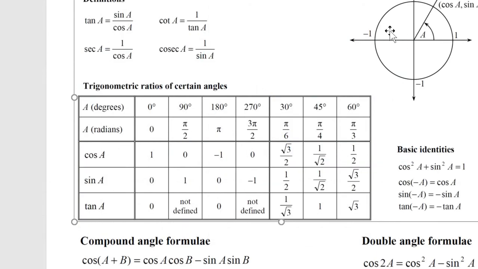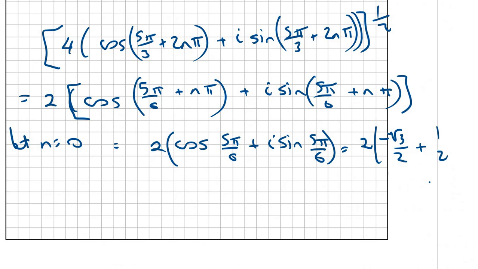If we look up pi over 6, which is the reference angle, we get a half. Because we're in the second quadrant, sine is positive, so CAST, sine is positive in the second quadrant, so it's plus a half i. So that answer becomes minus root 3 plus i.